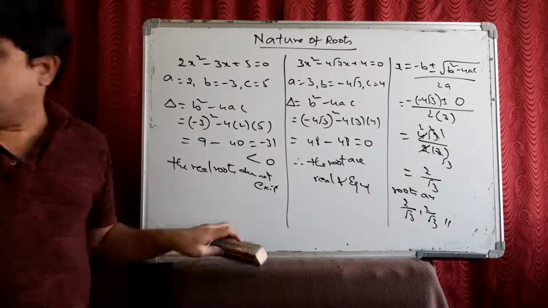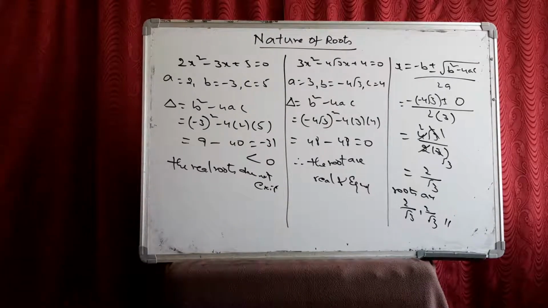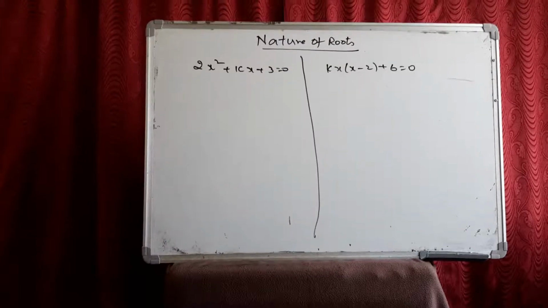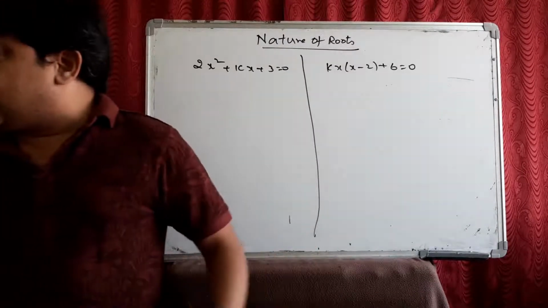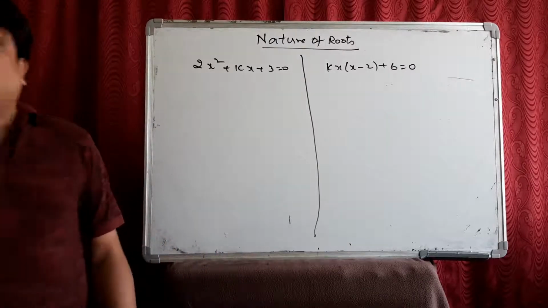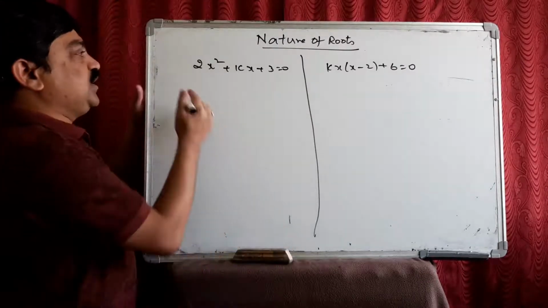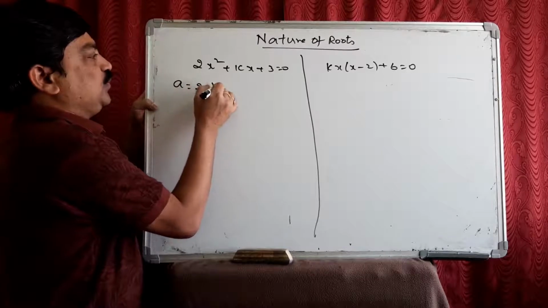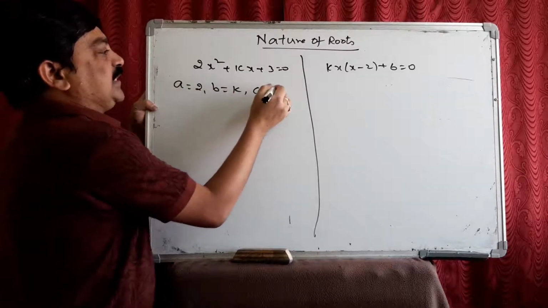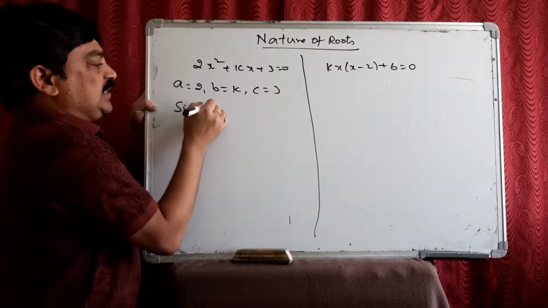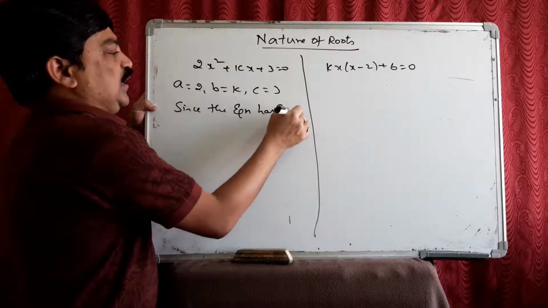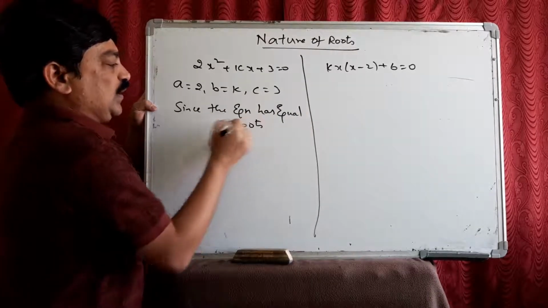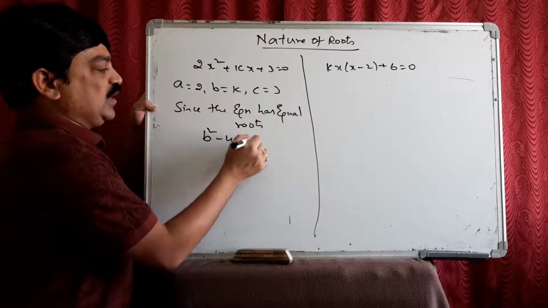Okay. Now coming to the next problem. The question is, find the value of k if the following quadratic equation has equal roots. For equal roots conditions, first let us write a, b, c. a is 2, b is k, c is 3. Since the equation has equal roots, b square minus 4ac is equal to 0.